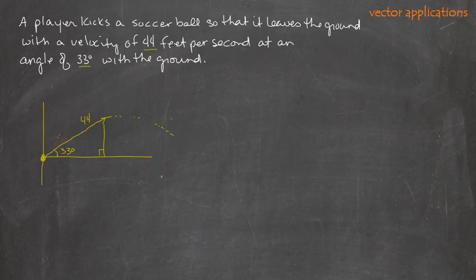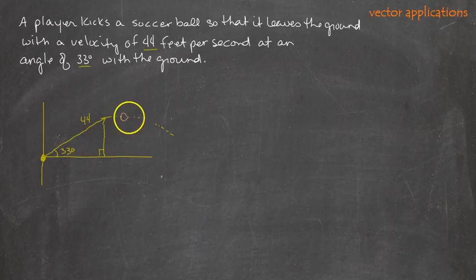Moreover, if we imagine the soccer ball at any point, even as it reaches its apex and starts to fall back to the ground, let's suppose the soccer ball is here, and it's following this dotted trajectory.